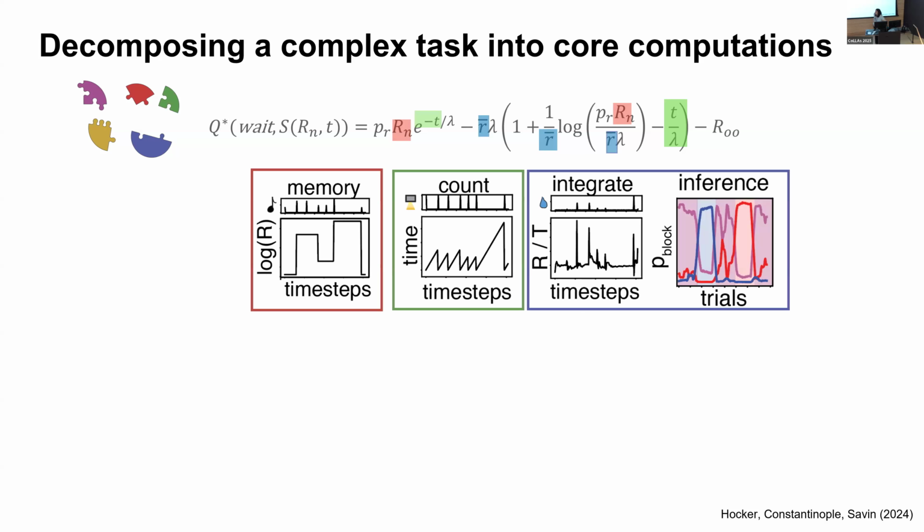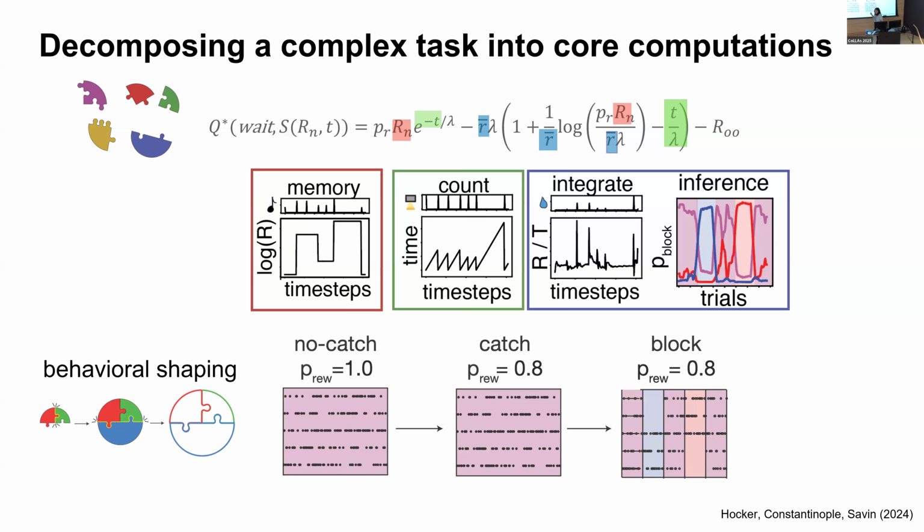And we have a bunch of tasks that have to do with figuring out what kind of block you're in and keeping track of the average rewards you've been getting in past history, so an integration of inputs, a running average kind of thing. And we have an inference task that tries to infer different possible latent causes from a set of observations. Each of these corresponds to part of the original MDP problem.